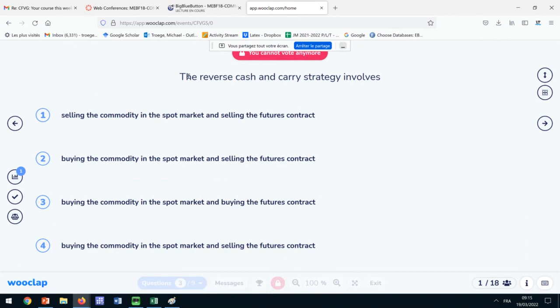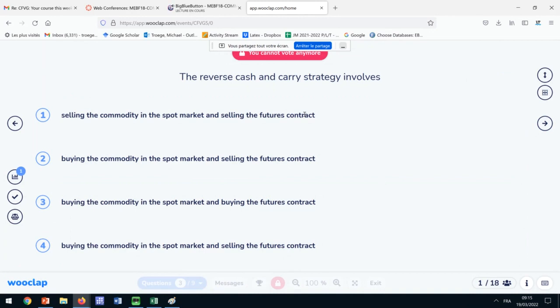The reverse cash and carry strategy means selling the commodity in the spot market and buying the futures contract. But that's not here. I should have checked my VU Clubs. This was from last year, but apparently I made some mistakes last year.